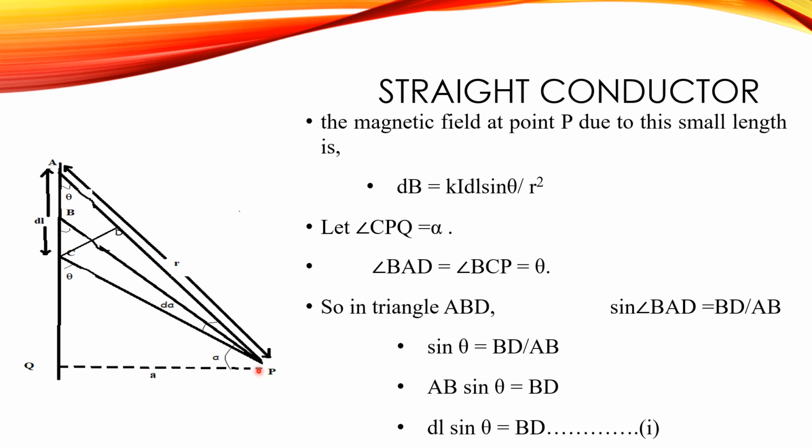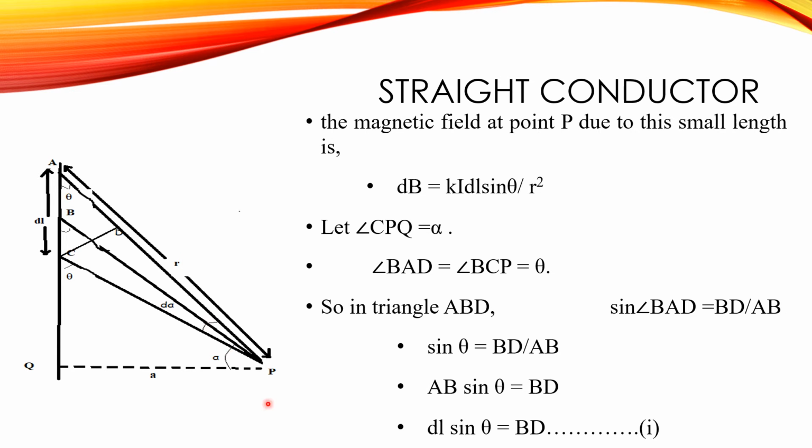Let us consider a small portion of length dl of the conductor. The distance from this small portion dl to the point P is taken to be r.